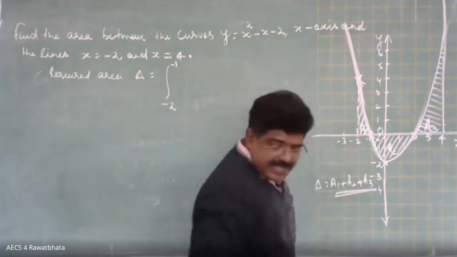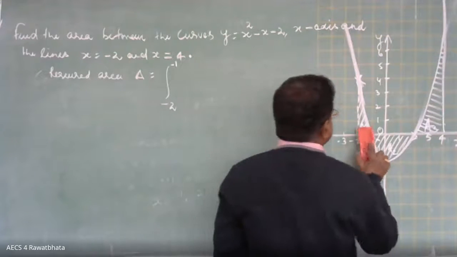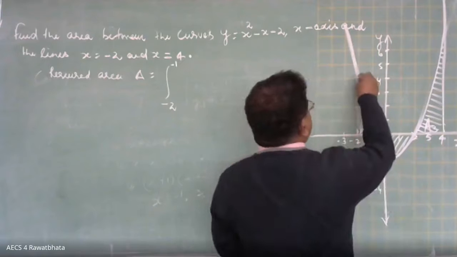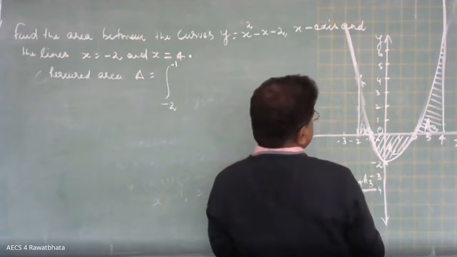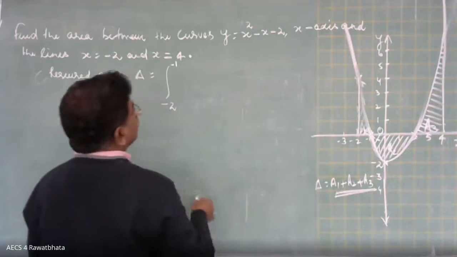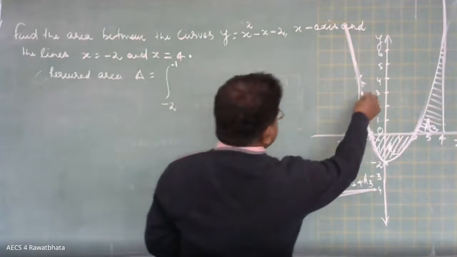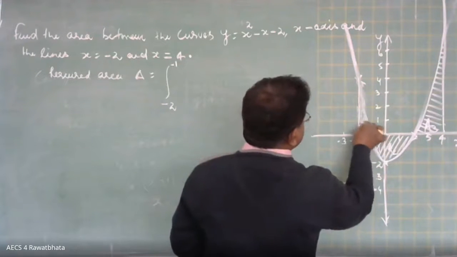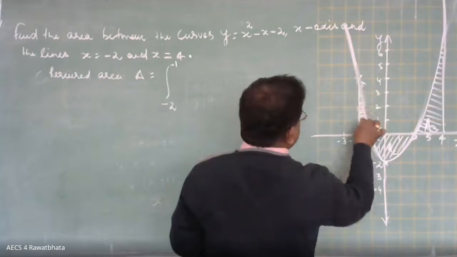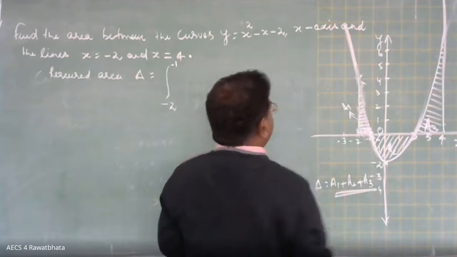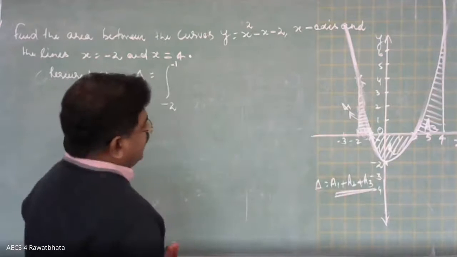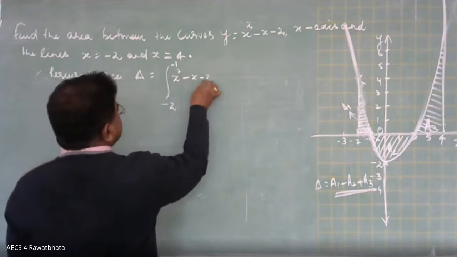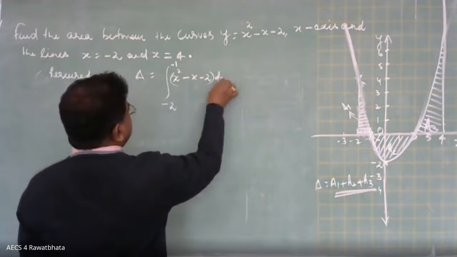This is just above the x-axis, so it is positive. This region made by the curve with the x-axis is noted as A1. So minus 2 to minus 1, x squared minus x minus 2 dx.